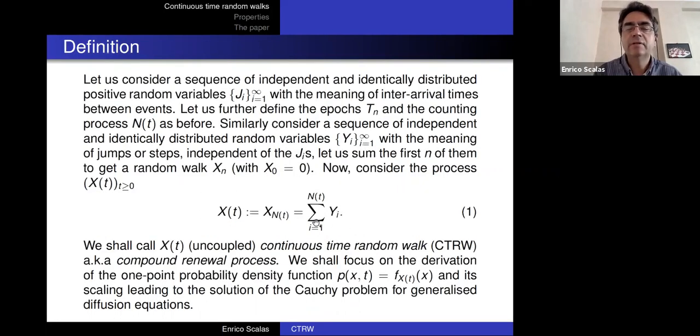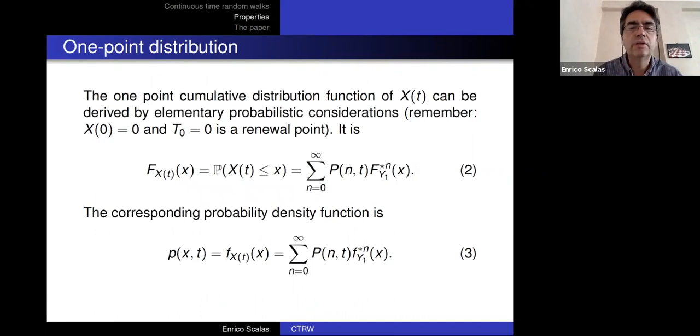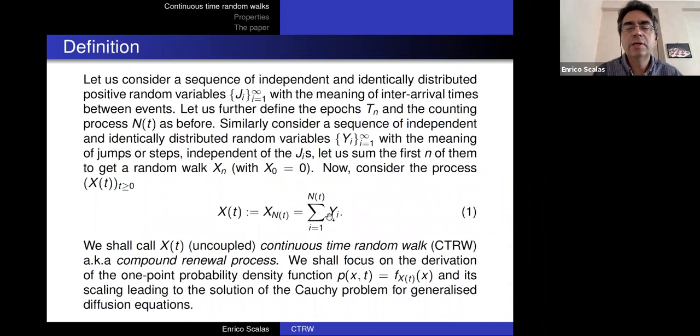So we have here a random sum of random variables. But now the counting process N(t) is different, is no longer the Poisson process. And also the process for the jumps, the random walk of the jumps, is different, is no longer a Gaussian random variable, but technically a symmetric alpha stable random variable.